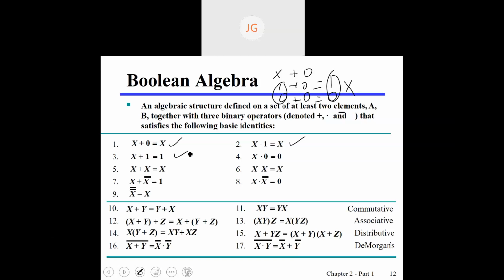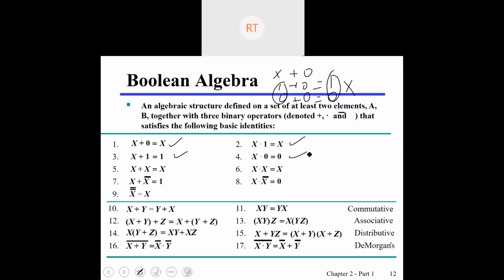X can be 0 or 1. If X is 0, then it will be equal to 1. If X is 1, then it will also be 1, so it won't matter. So whatever you are ORing to a 1, it will be a 1. X doesn't matter, it will be 1. Exactly, perfect.